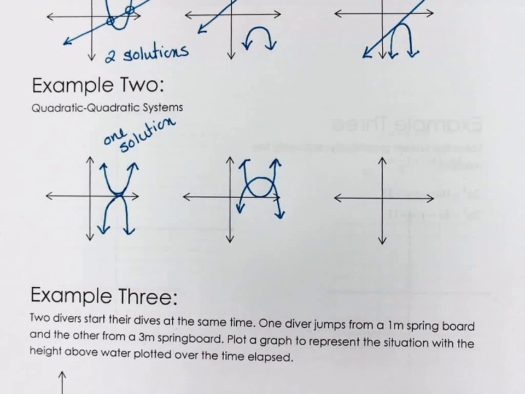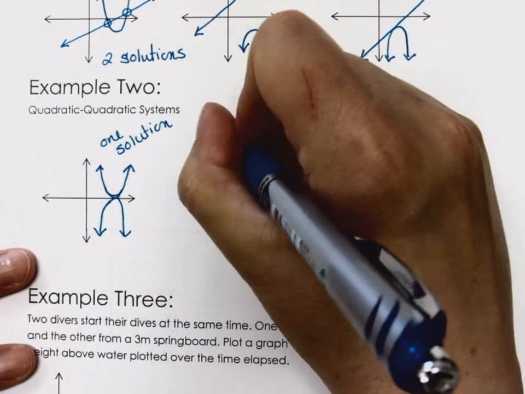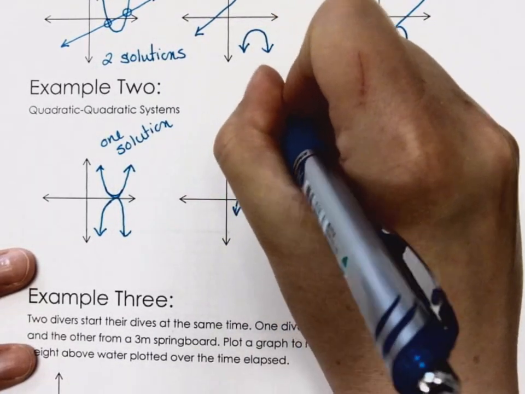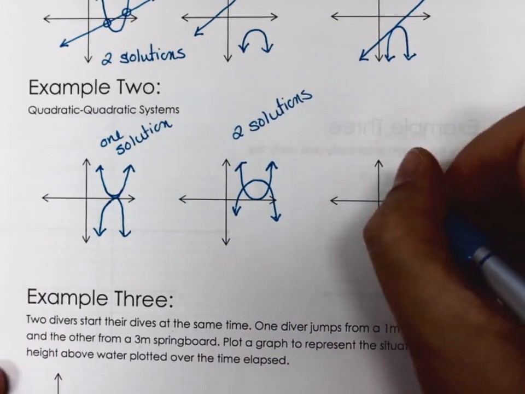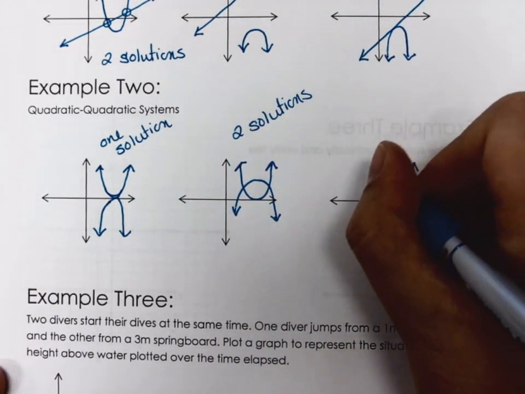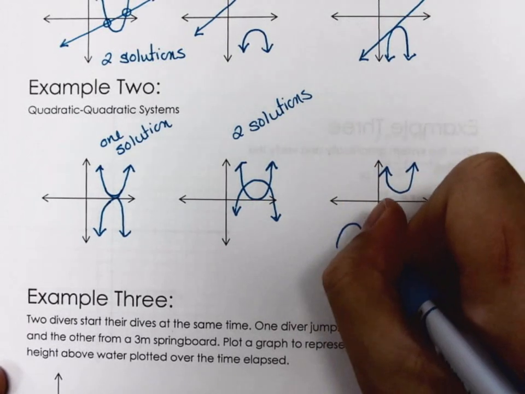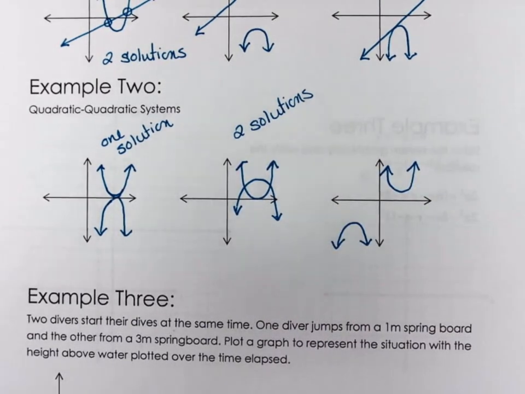How many solutions there? 2. You guys are so smart. We have to add in a 4th coordinate plane. None?